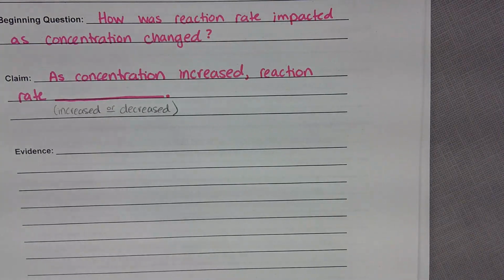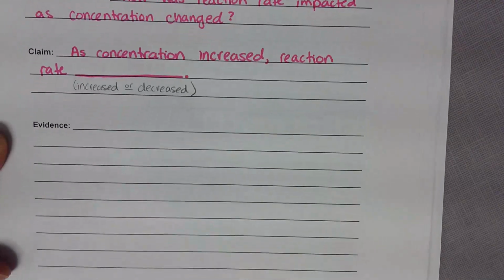All right, once you're done, we're going to move on to our evidence. In evidence, we're kind of going to break this into two parts. In part one, we are going to write sentences describing the setup and procedure. So we're going to start with the setup.